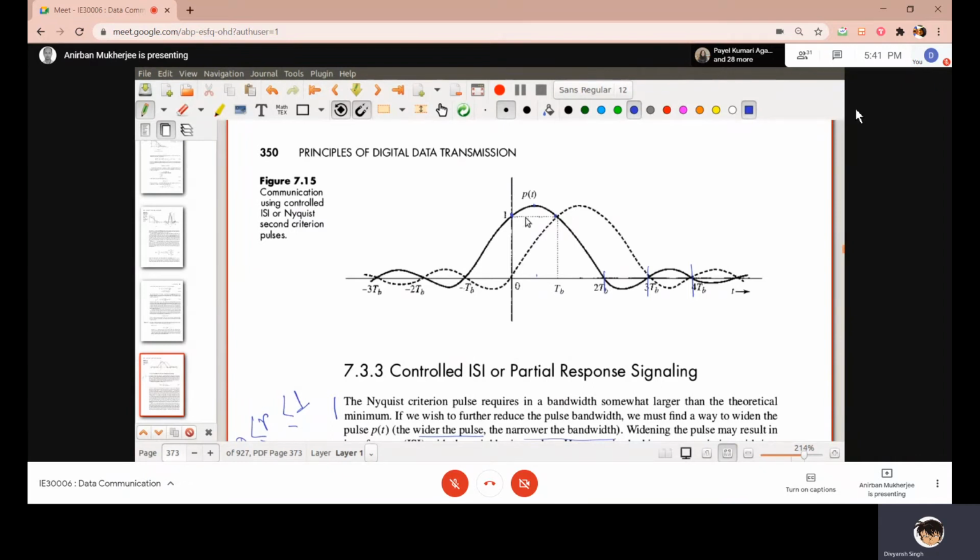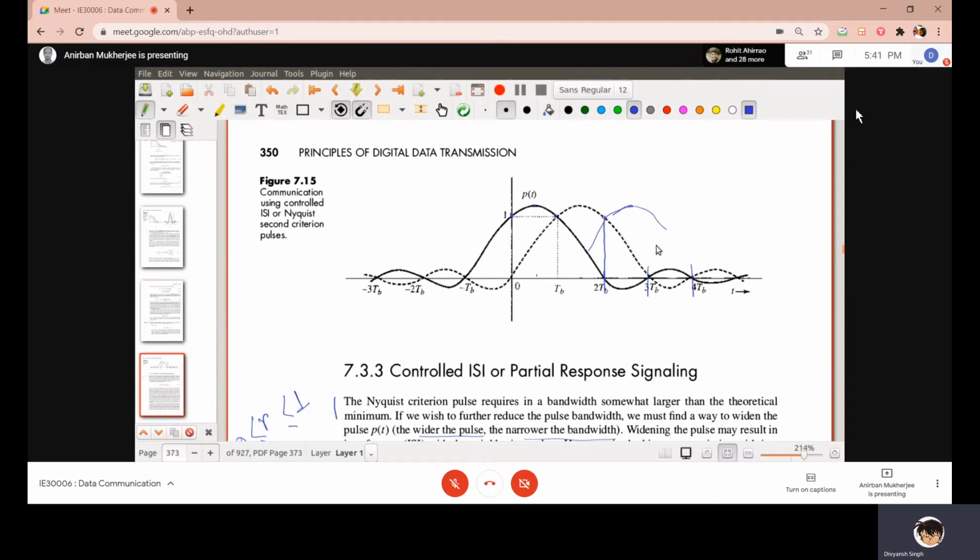Now what you try to understand is that the individual pulses I have are at 0 and TB, and for this one TB and 2TB. So similarly if I draw another pulse, that means here TB and 2TB to 3TB, here I have a peak.